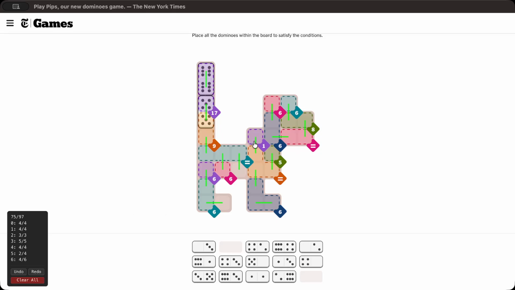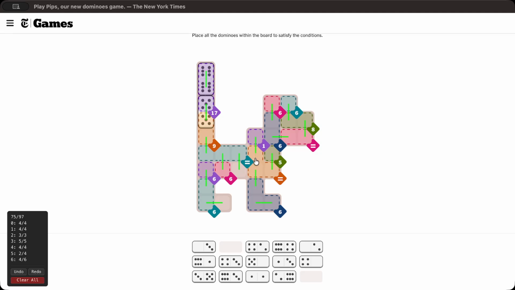What about this? 1 6. It could be a 1 1. Could it be a 1 1? I don't think so, because I don't have a 5 1 actually. So this can't be a 1 1.